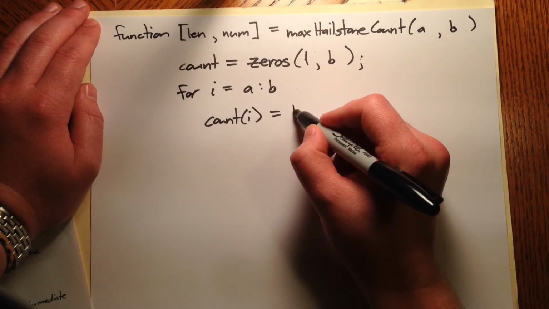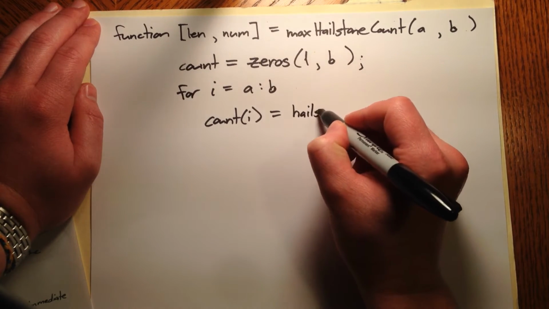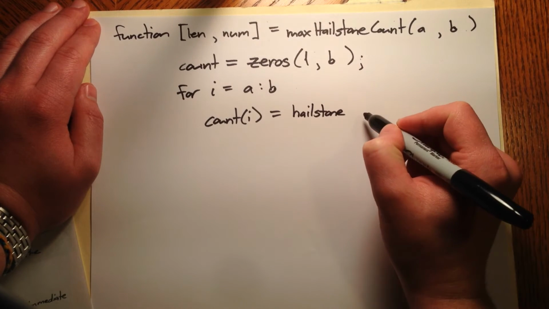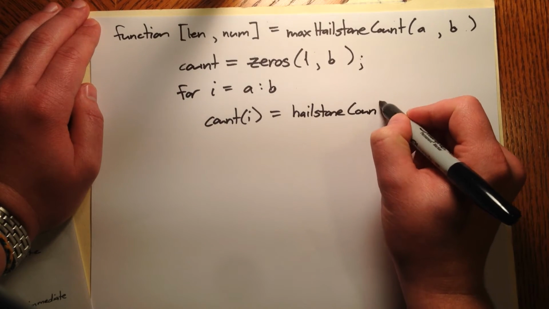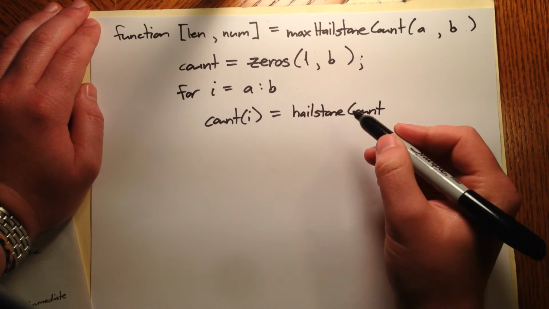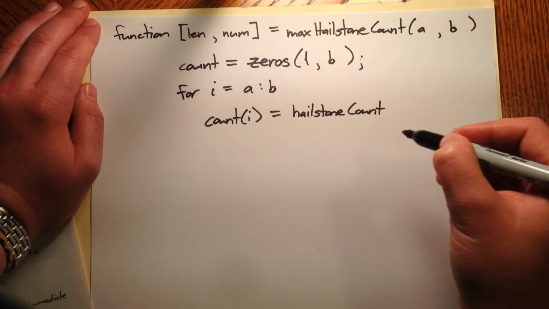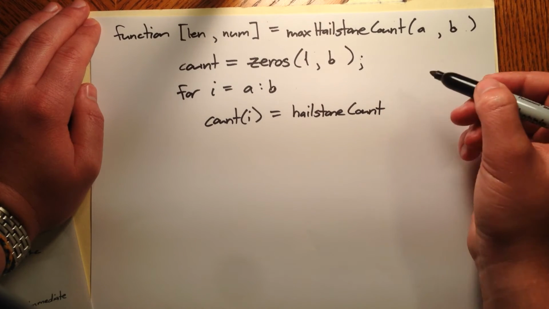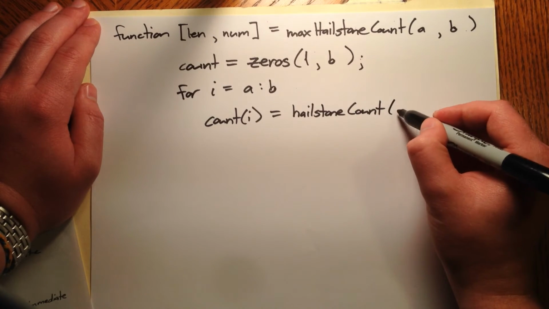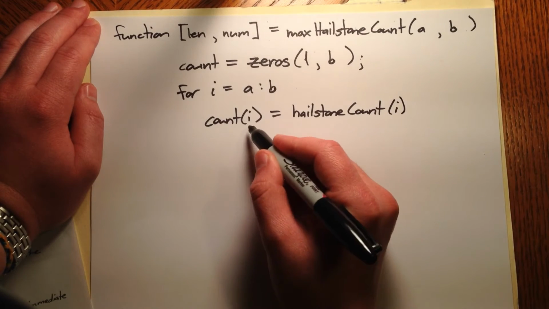Let's just name that function hailstone count. That function should have the number that we're looking at, that number being i, sorry.